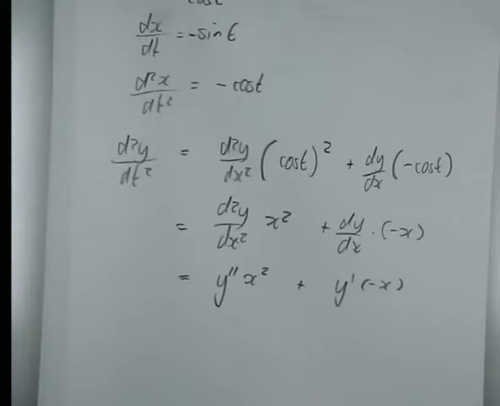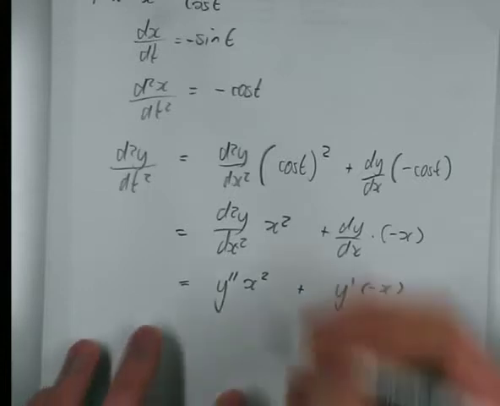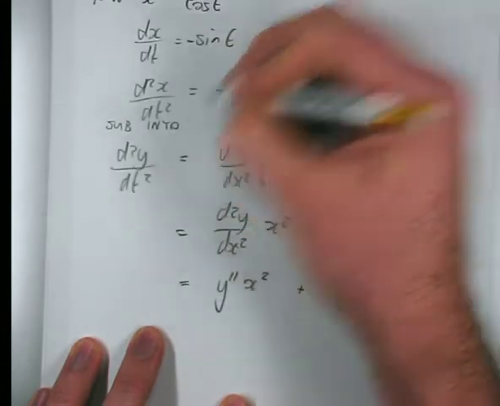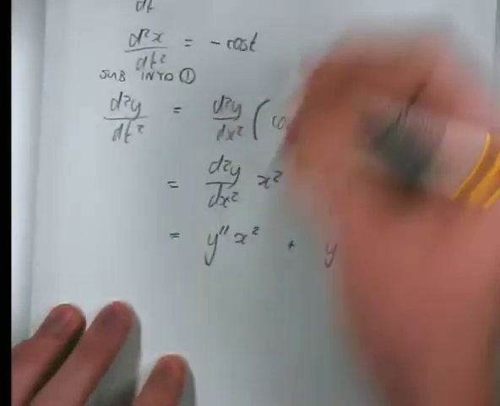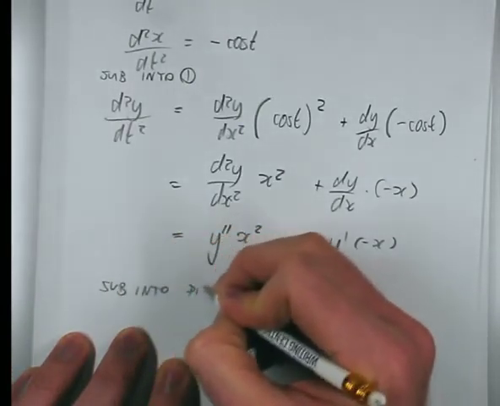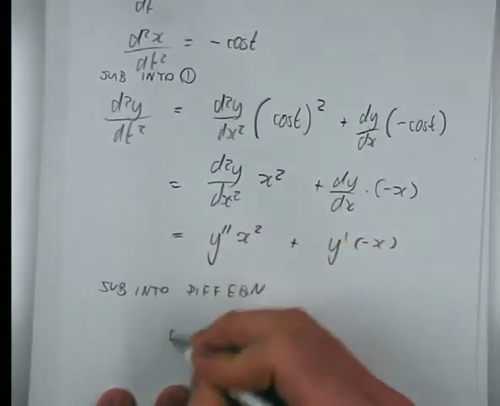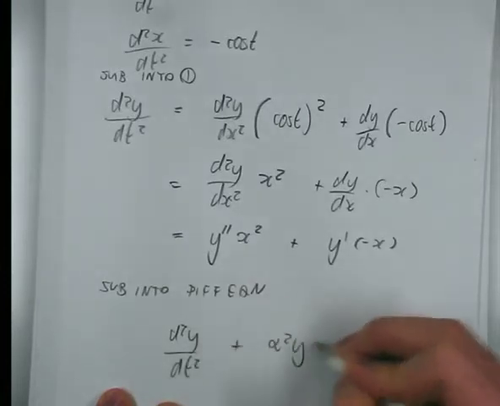So now if I substitute that back into the other differential equation, let's call that 1, sub into number 1, sub into the differential equation. So my original differential equation was d²y/dt² plus alpha squared y equals 0.